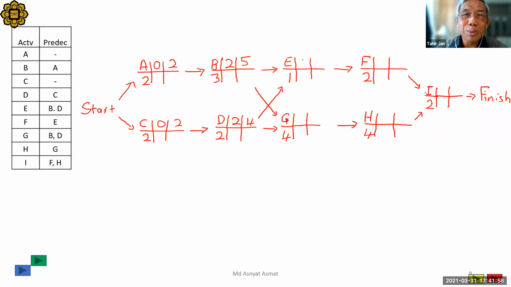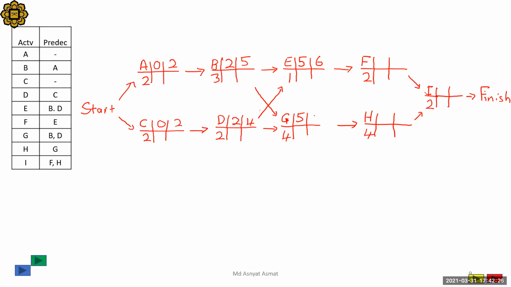Now E, early start 5. Everybody agree with 5? Why 5? Because we have two predecessors. Take the greater value, 5 and 6, so 5. F should be 6 to 8. Now G, 5 and 9. G also has two predecessors. Take the greater early finish, 9.